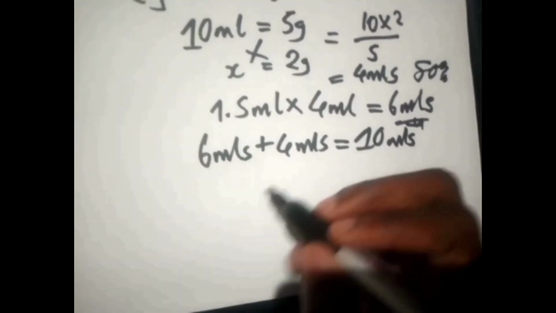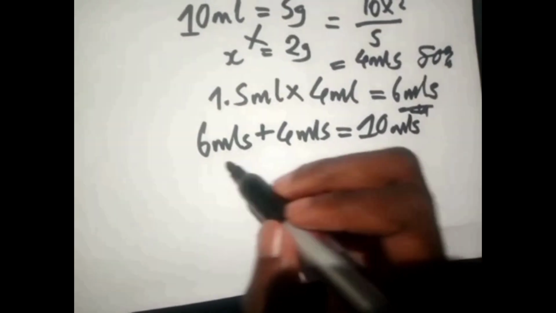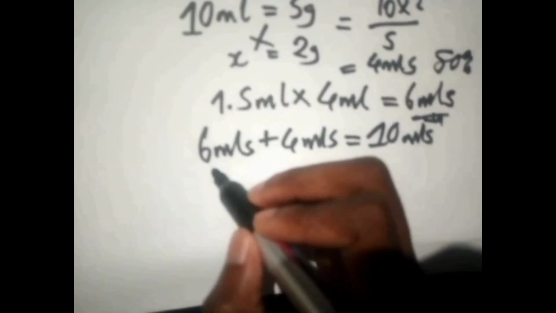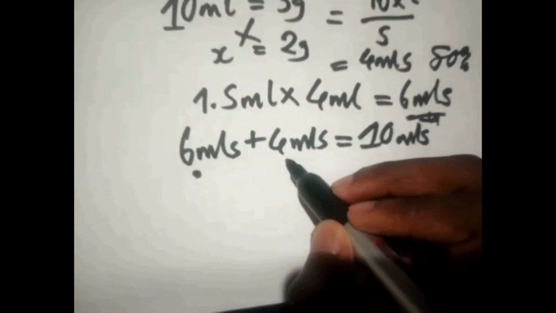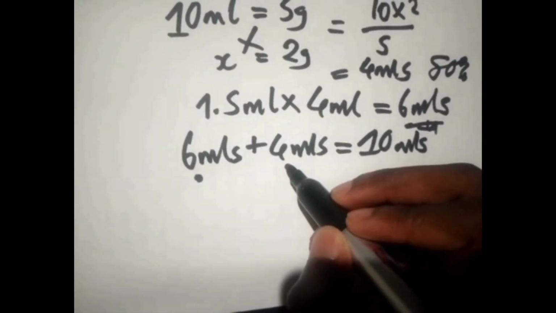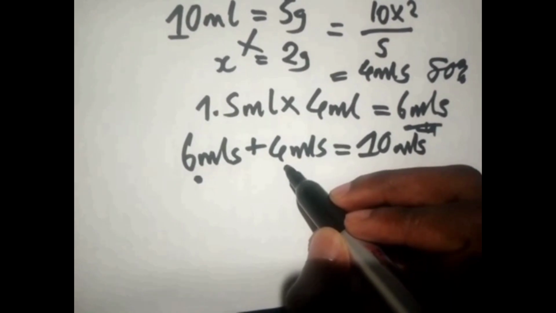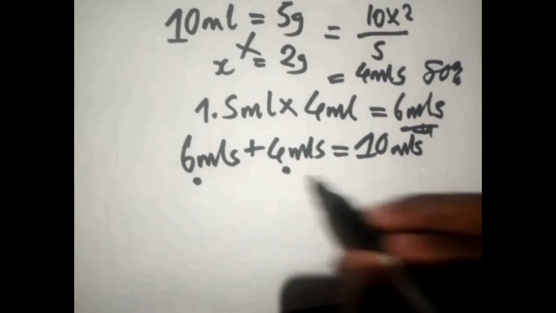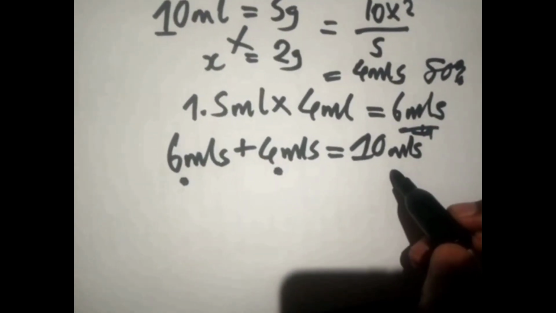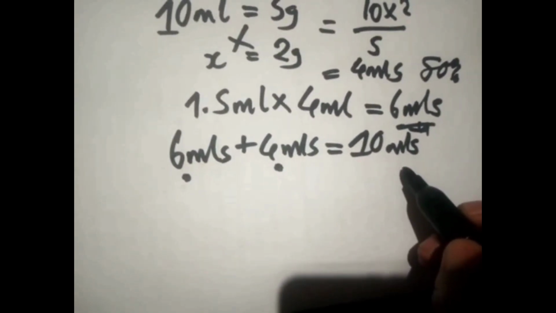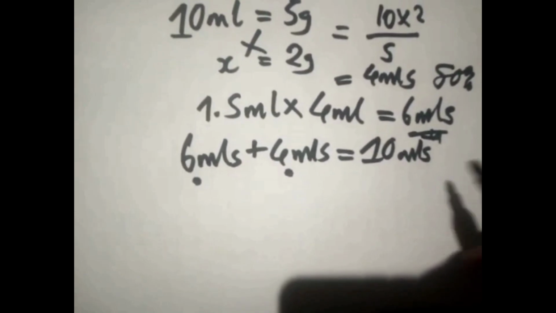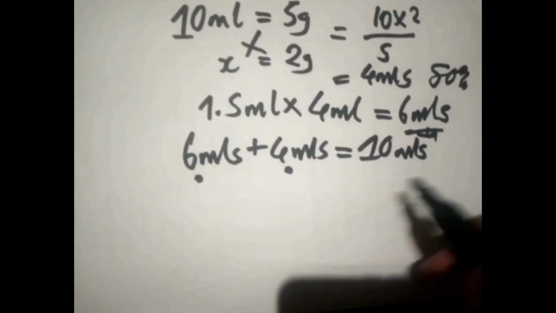After we add these two, we are going to have 10 mils of magnesium sulfate, but the 10 mils is still equivalent to 2 grams, just that it's now 20%.